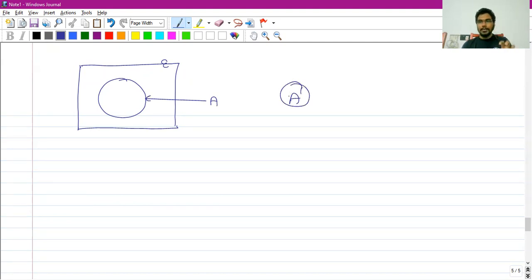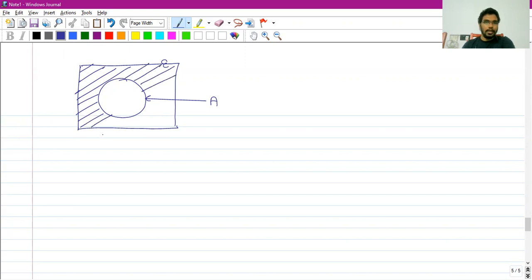A dash means all the elements which do not belong to this subset A. Then if this belongs to subset A, this shaded part will not belong to A. This whole part does not belong to A. So you can name this shaded area as A dash or the complement of A. So I think you can understand. This is how we can denote this in a Venn diagram.